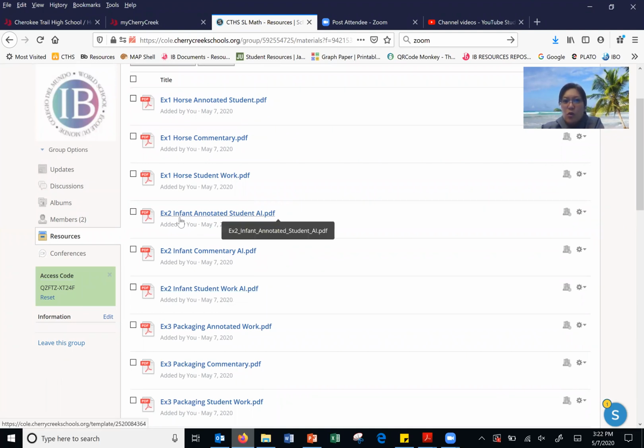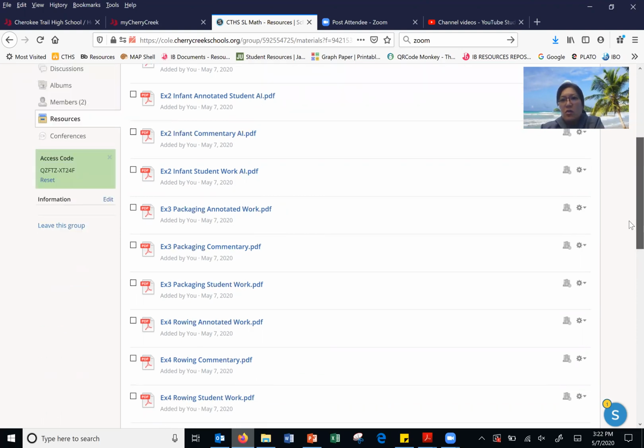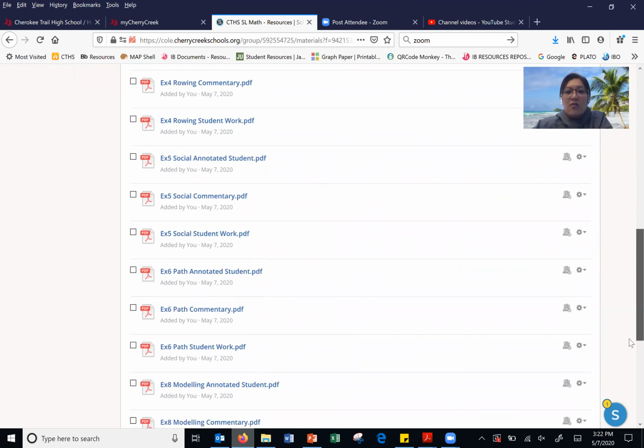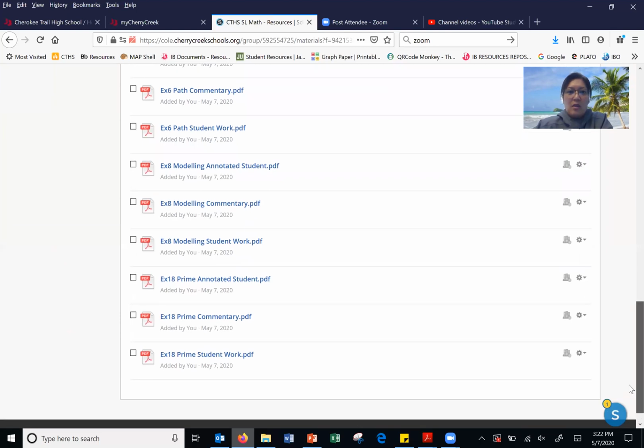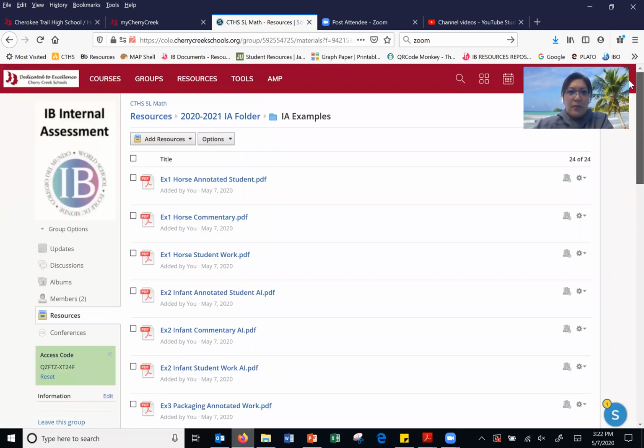That's this infant one, and you notice it says AI after it. All of the others actually fit for both analysis and for application. So it fits for any of the 3 junior level IB courses that you're currently in, and then for you as well next year. So there are quite a few different ones that you guys can look at.